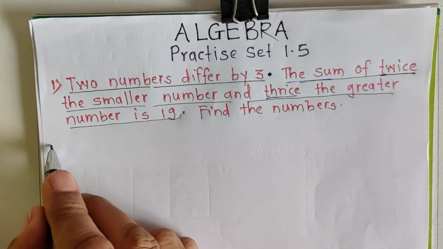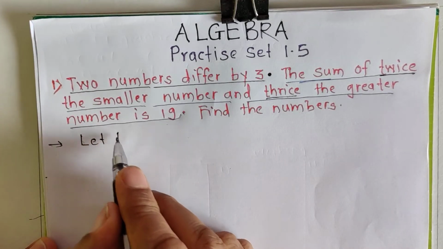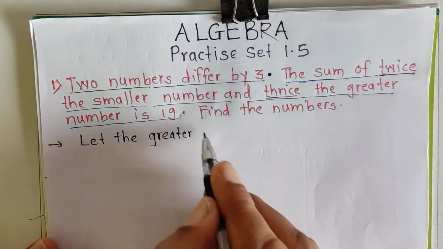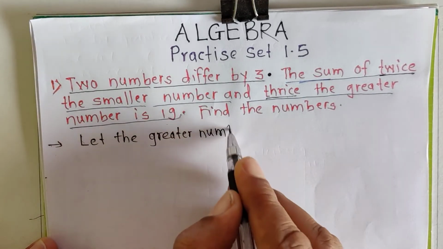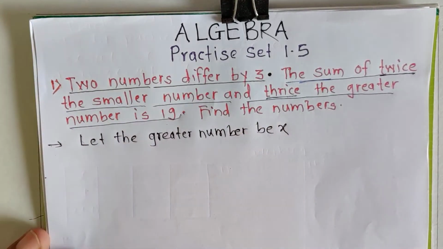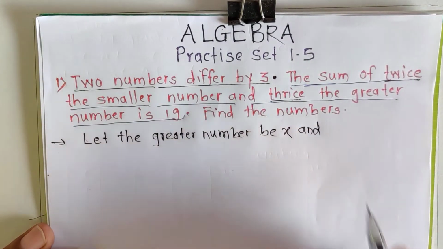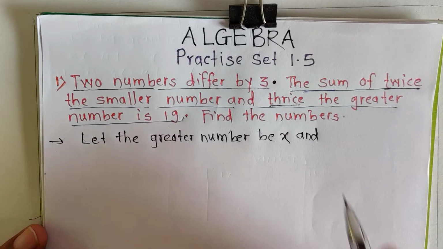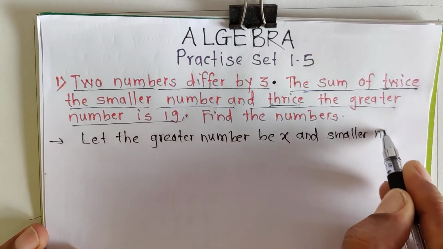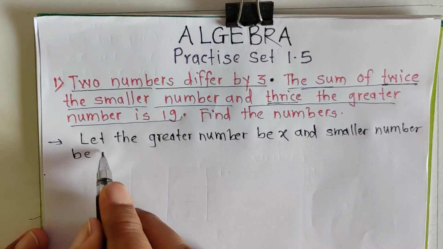So first we write: let the greater number be x and the smaller number be y.